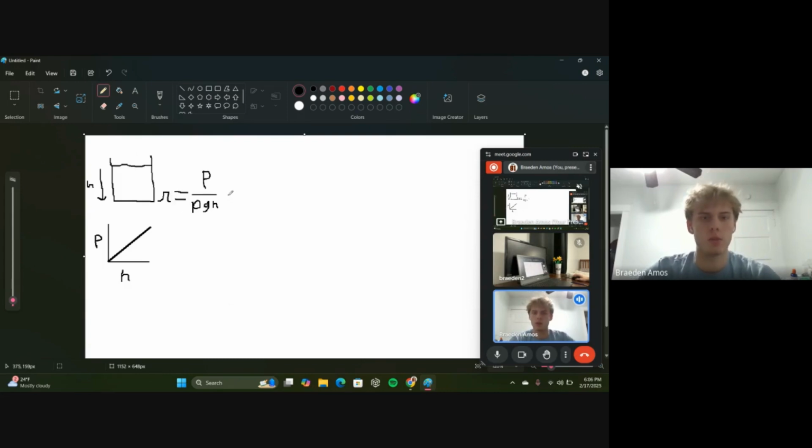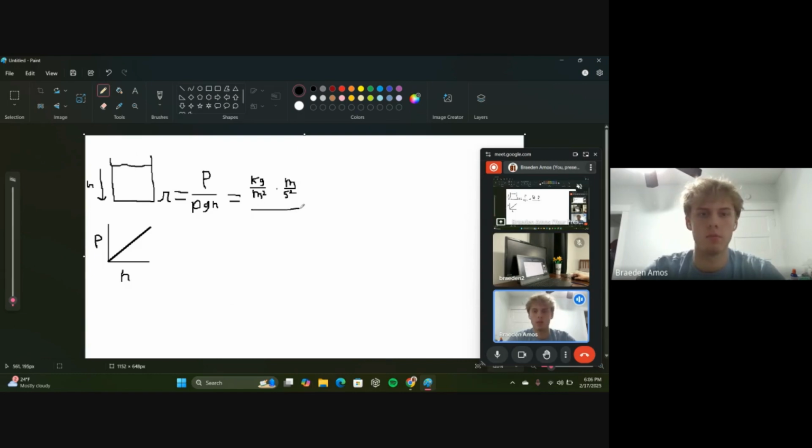If we do this, we can see that pressure we can put into terms of kilograms over meters squared times meters per second squared. The kilograms times meters per second squared is just a Newton.